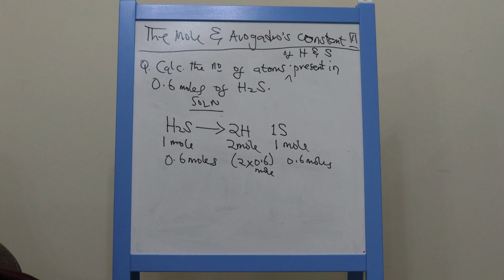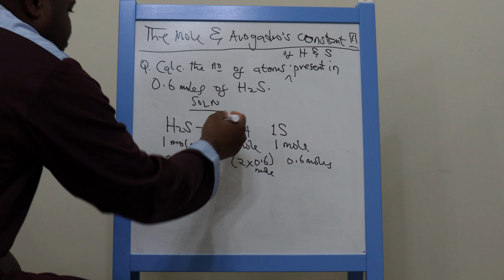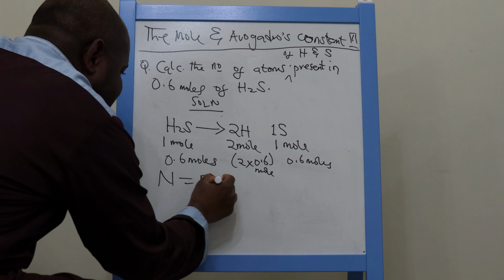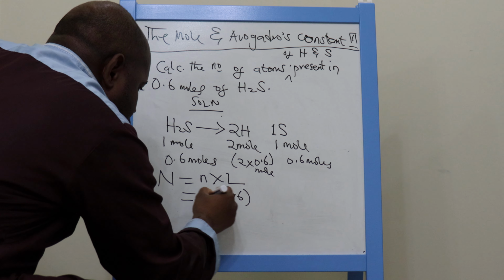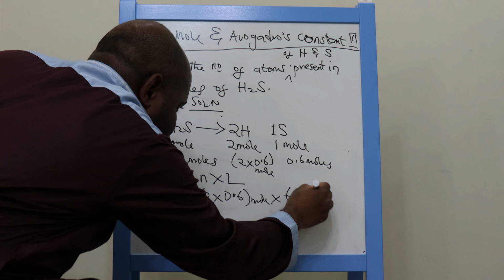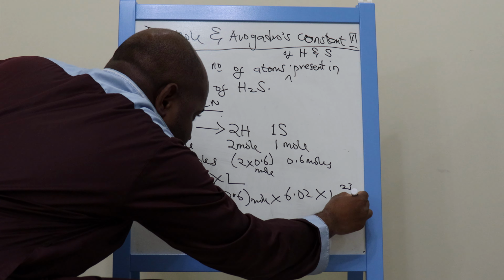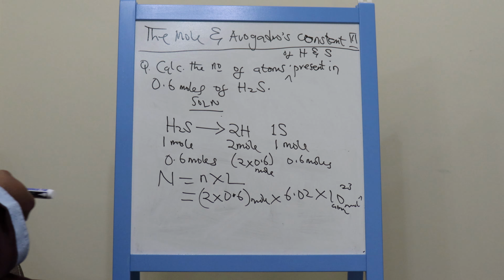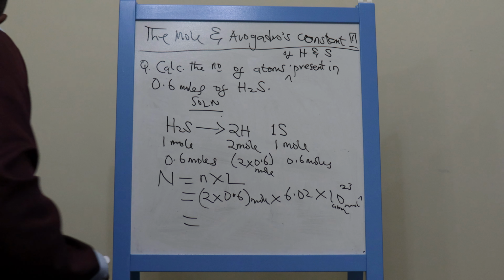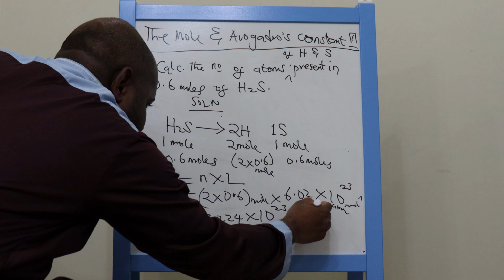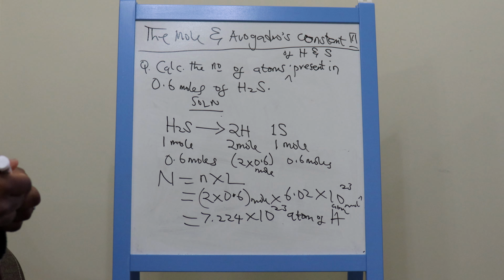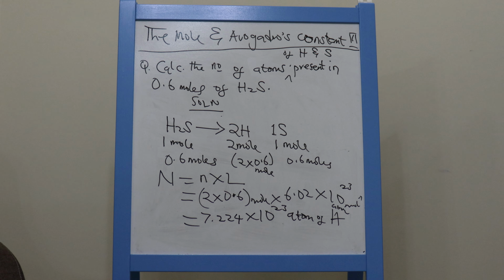To calculate the number of atoms of hydrogen, N is equal to the amount times the Avogadro constant, so we have 2 times 0.6 mole times 6.02 times 10 to the exponent 23 atoms per mole. Hence you have 7.224 times 10 to the exponent 23 atoms of hydrogen.